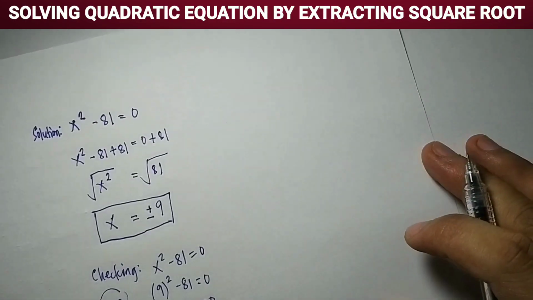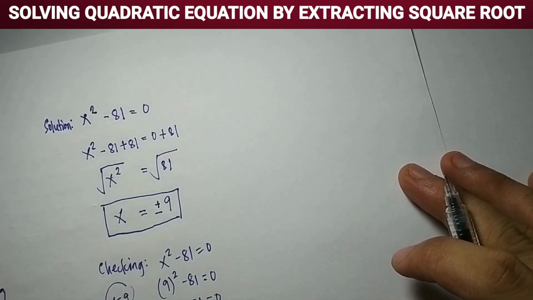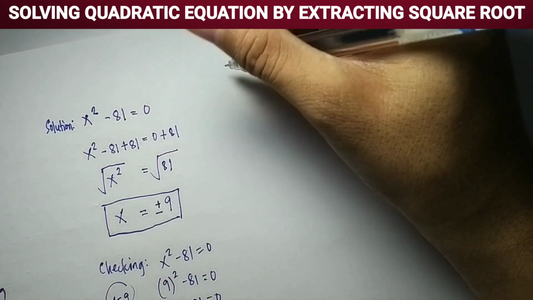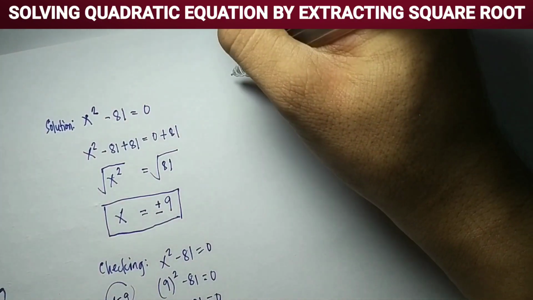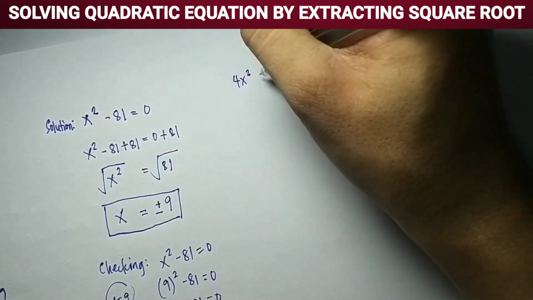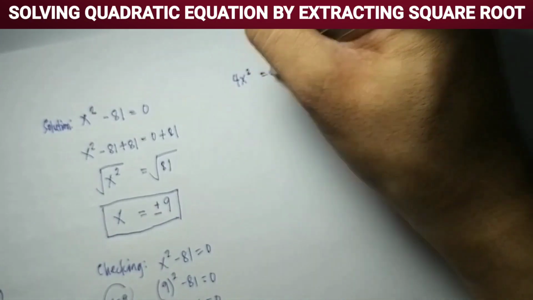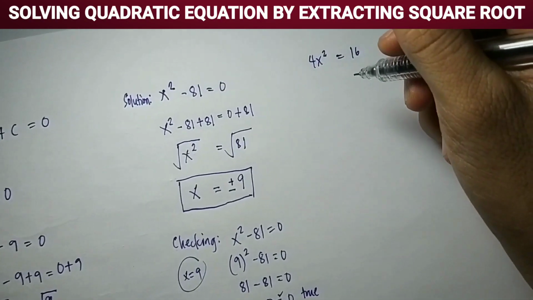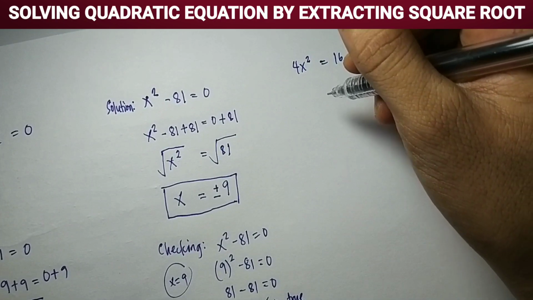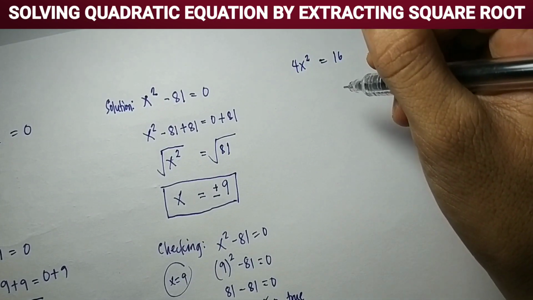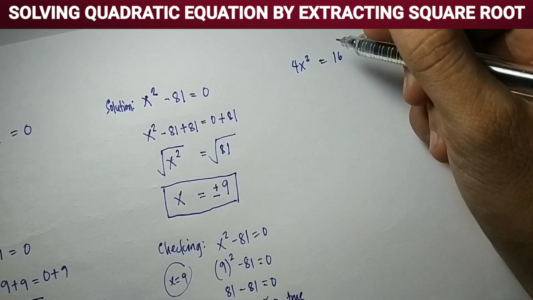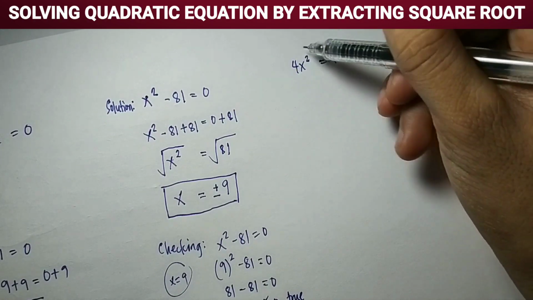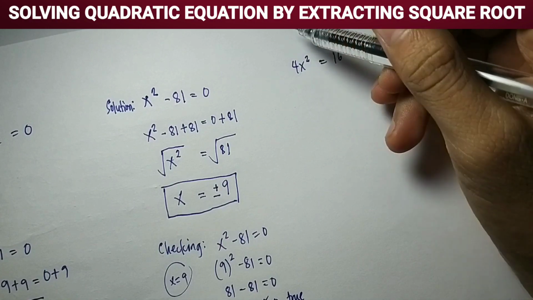Okay, let's have another example. Okay, let us have 4x squared equals 16. Okay, 4x squared equals 16. Sa inyong nabantayan, kining quadratic term nato naa siya diri sa left side daan.